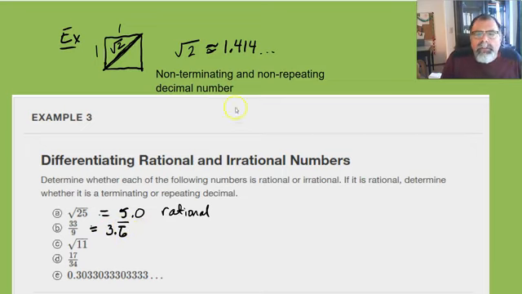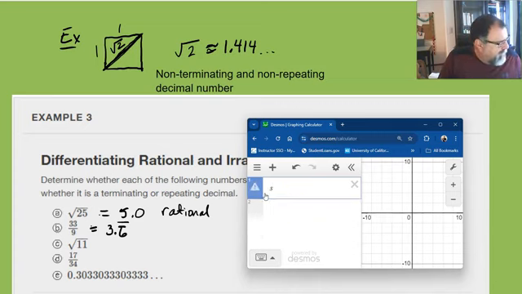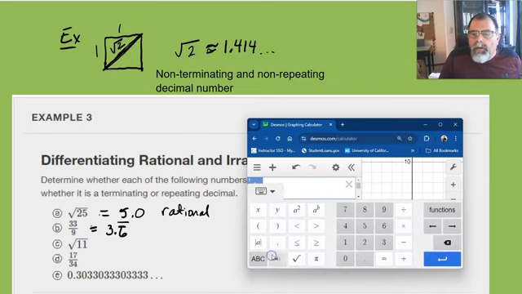So to be irrational, it needs to be non-terminating, non-repeating. So it has to go on forever, and there can't be a pattern in it. If we did square root of 11, you can see in Desmos here, there's a toolbar at the bottom.